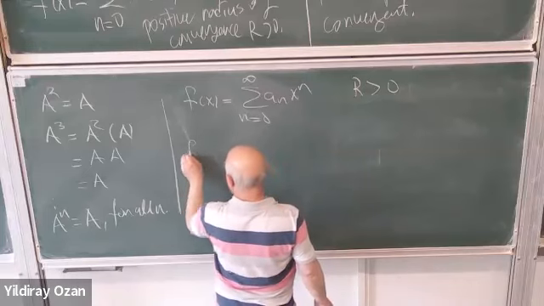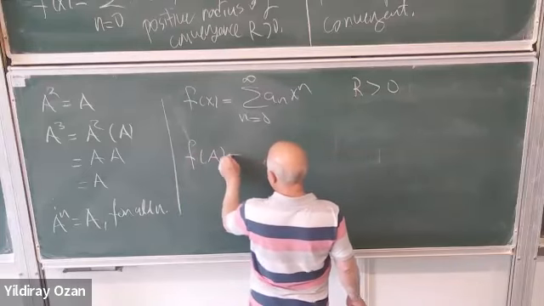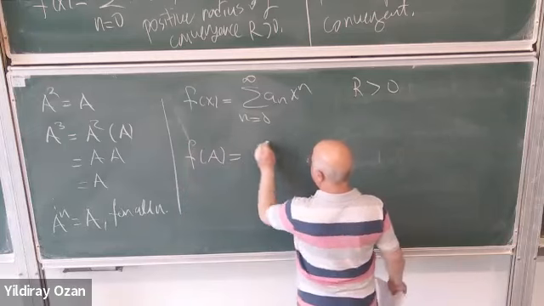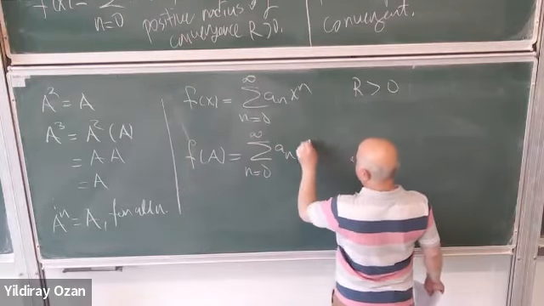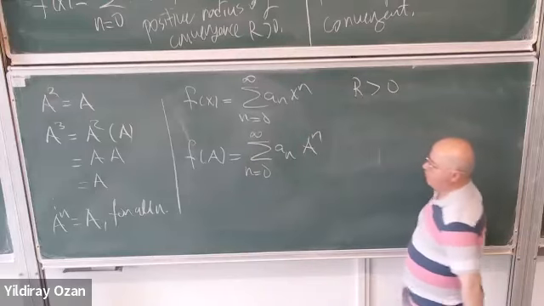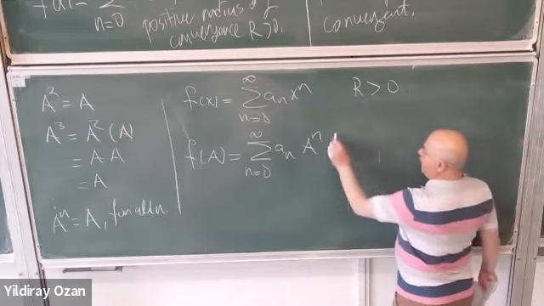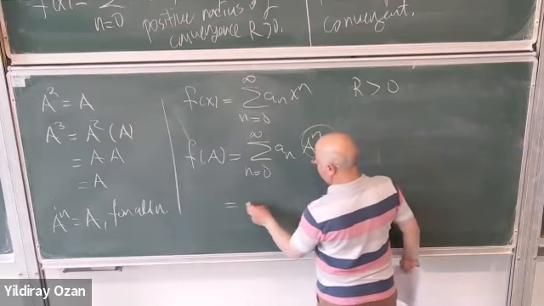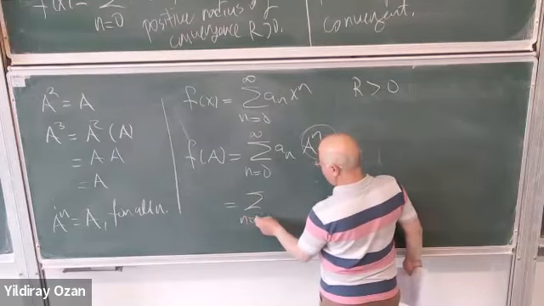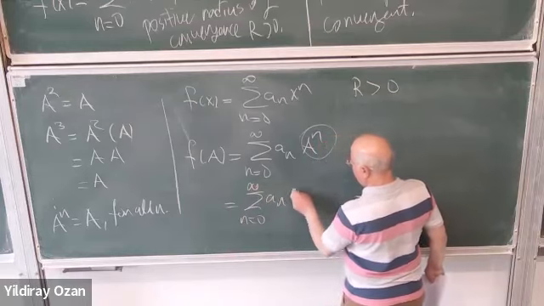Then what is f of A? F of A is just the sum of a n times A to the power n. But A to the power n is just A. Therefore, this is just A.